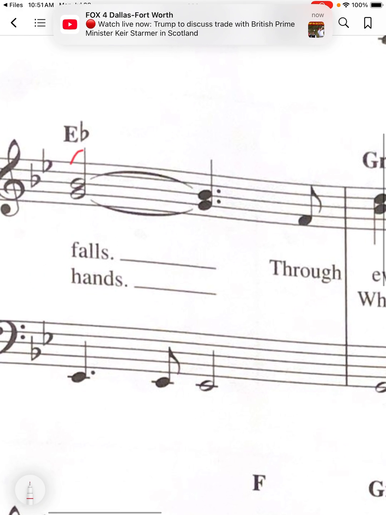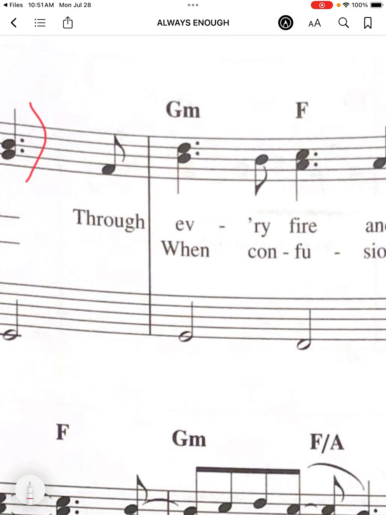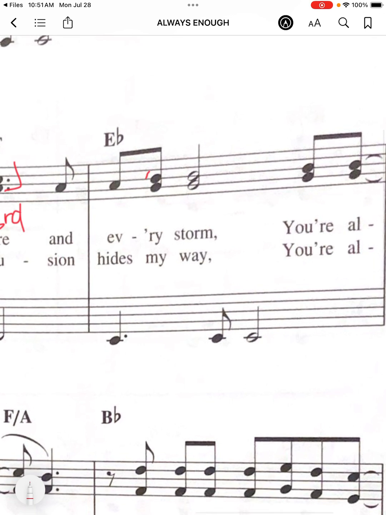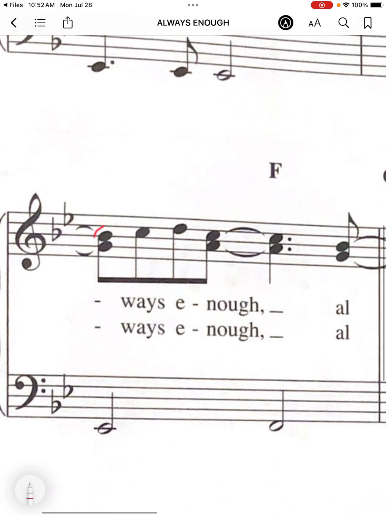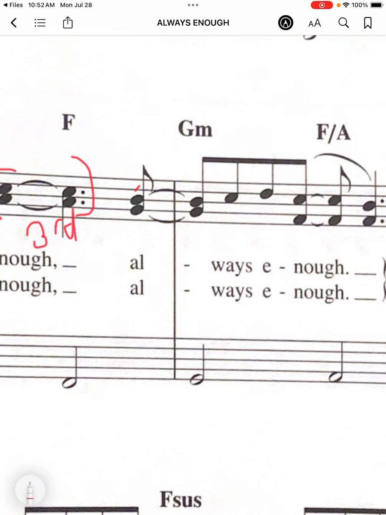Okay, and then these two are thirds all together. And then this one is a third. Third again. And third again. And thirds again. Then I see a third. Third. Third.